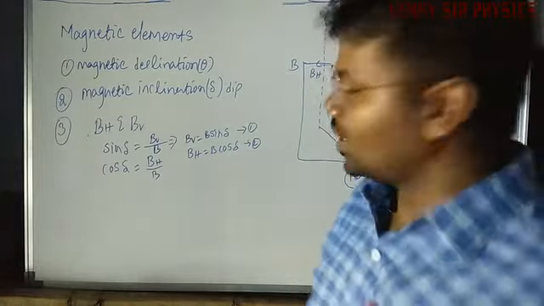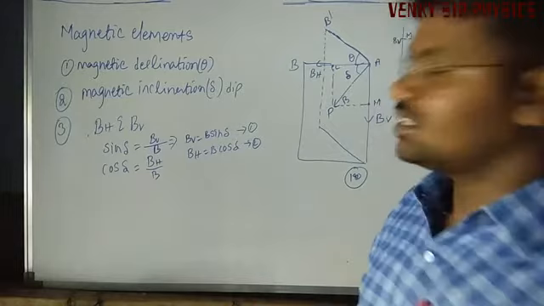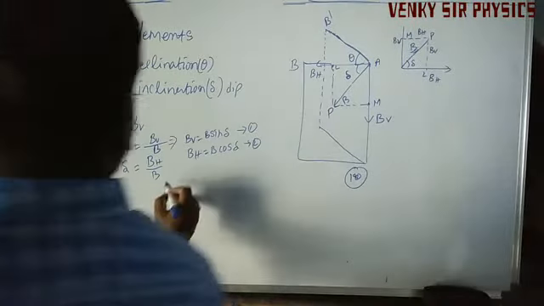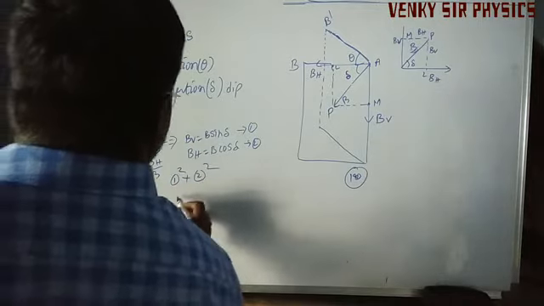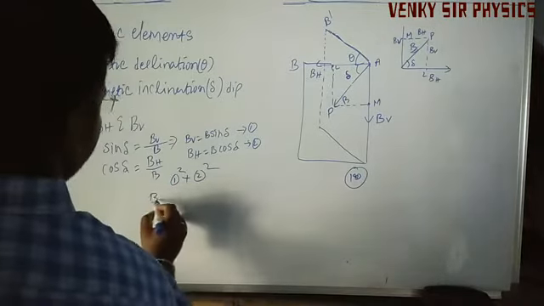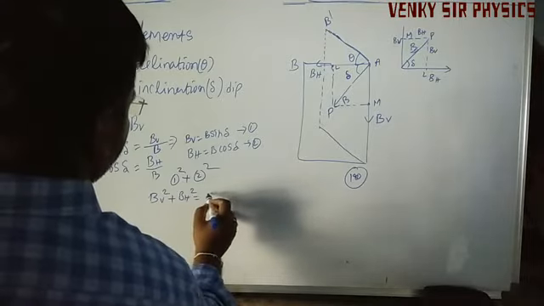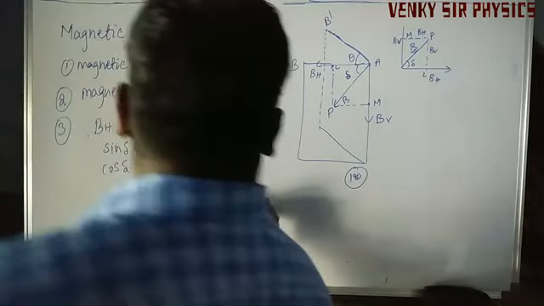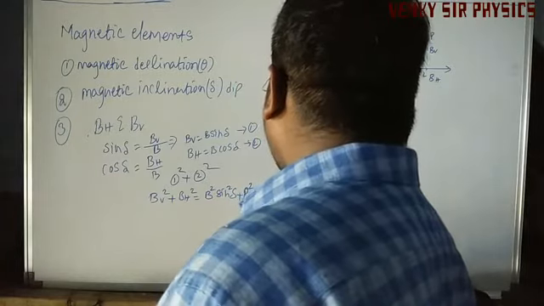Okay, so squaring both equations and adding, squaring and adding means 1 square plus 2 square. Okay, we can get BV square plus BH square is equal to B square sin square delta plus B square cos square delta.